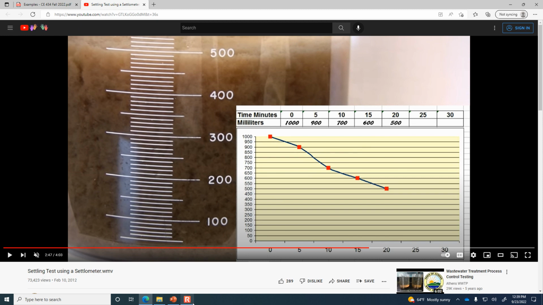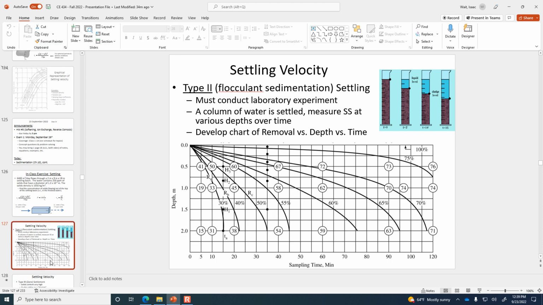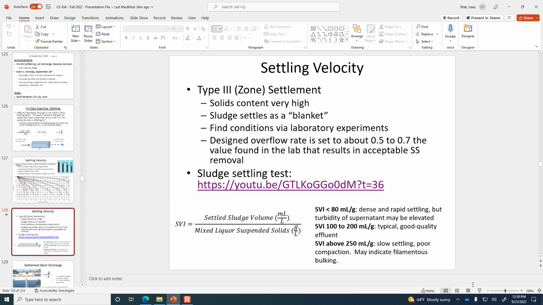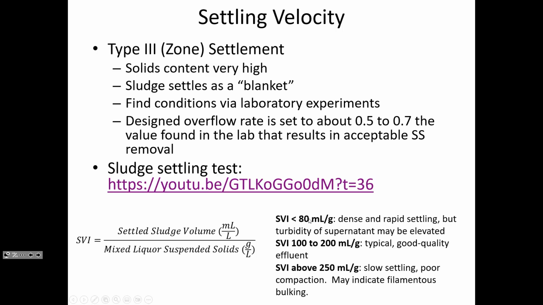And so this kind of middle range SVI is advantageous because it helps to encourage the screening effect. So from a water quality standpoint, SVI of 100 to 200 is ideal, but any higher than 250 and the settling performance is so slow that it's problematic.